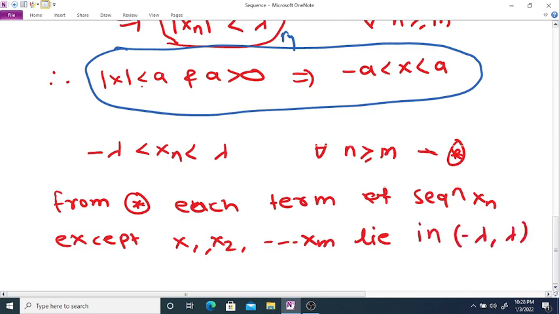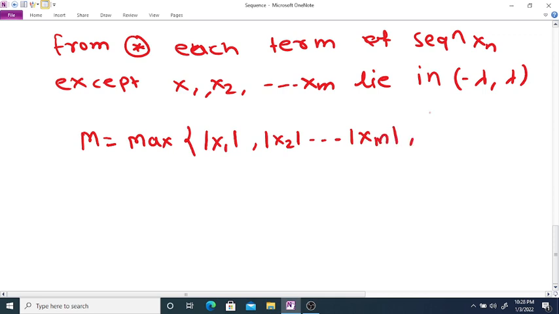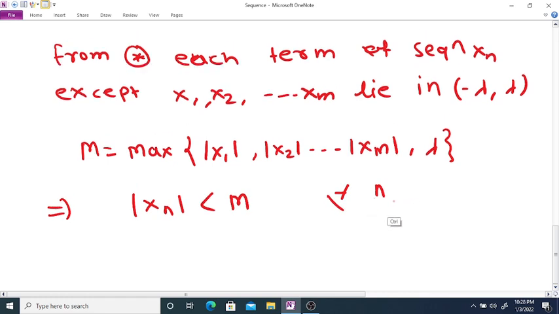So here if we take M equal to the maximum of |x1|, |x2|, up to |x(m minus 1)|, and lambda, then we can say that |xn| is less than or equal to M for every natural number n.